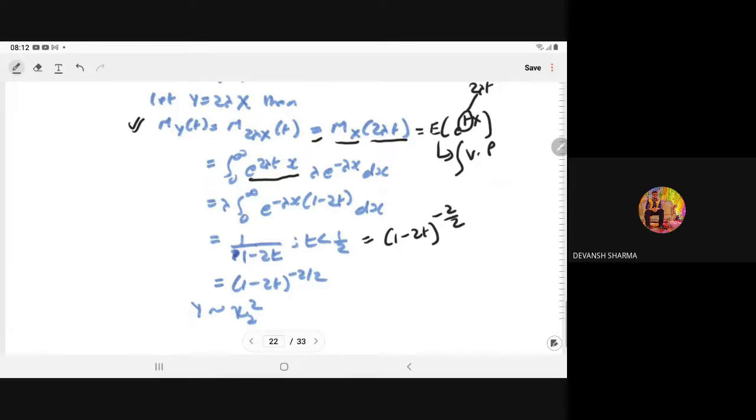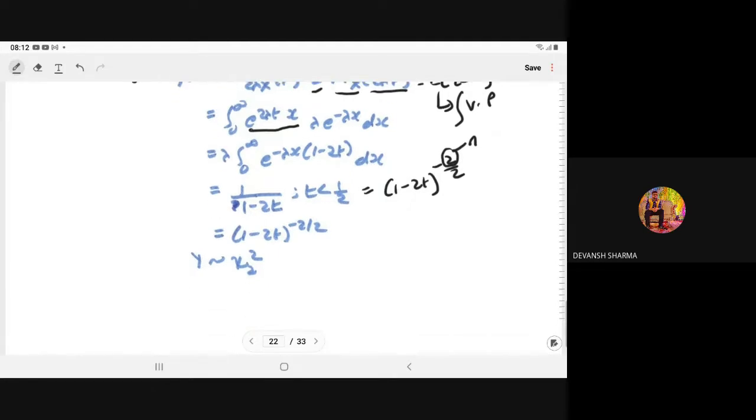This 2 is the degree of freedom n. So this expression matches the moment generating function for the chi-square distribution, and you can judge that Y follows the chi-square distribution with degree of freedom 2.